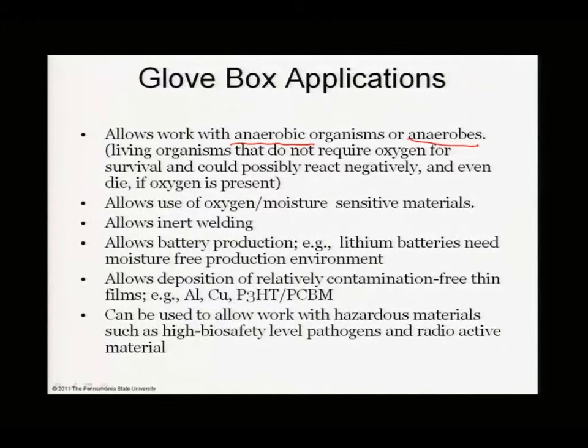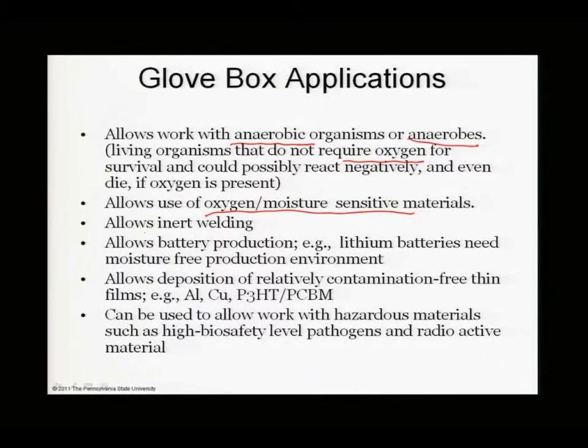These are organisms that don't need oxygen, and actually oxygen can often be detrimental to them and kill them. So obviously, if you're working with that kind of an organism, you don't want oxygen, and a glove box is great for that. If you're working with materials that are oxygen or moisture sensitive, glove box is wonderful for that.